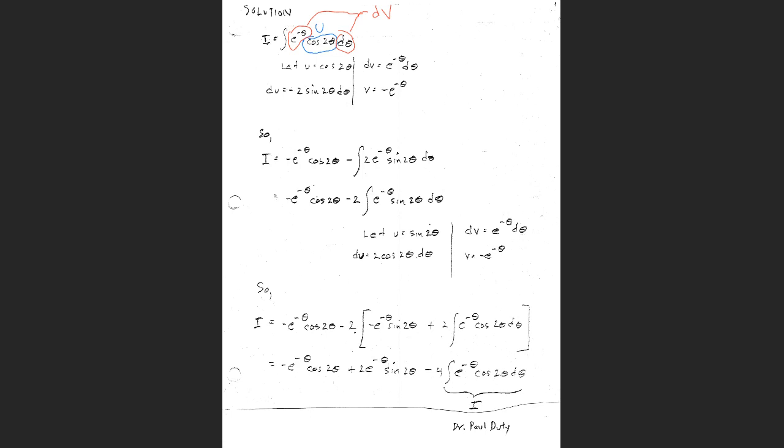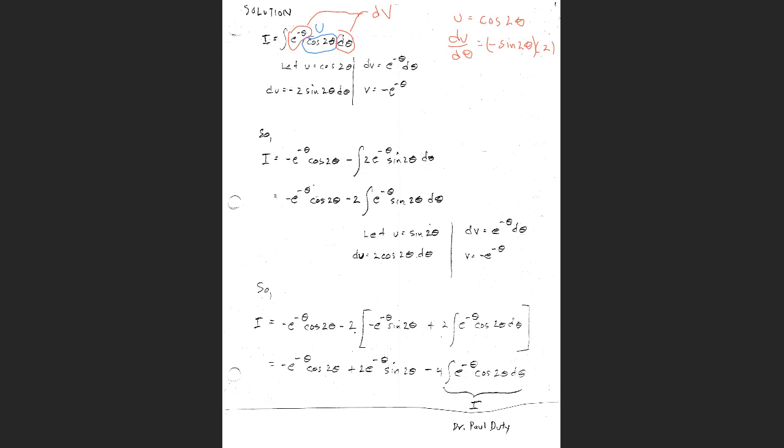So if u equals the cosine of 2 theta, du d theta is, by the chain rule, minus sine of 2 theta times 2.